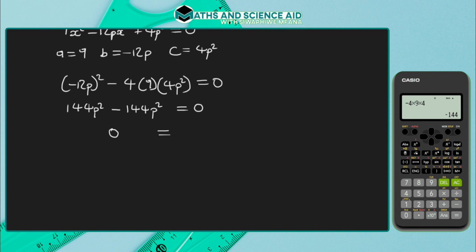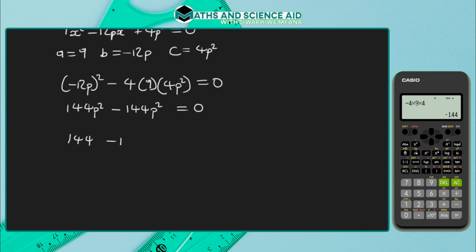Well, this basically means that it doesn't matter what value we give p here, but this is always going to be equal to 0. You can say that p is equal to 1 for an example. If p is equal to 1, we are going to have 144 minus 144, and 144 minus 144 is 0.